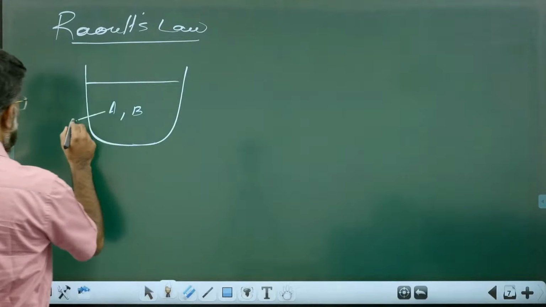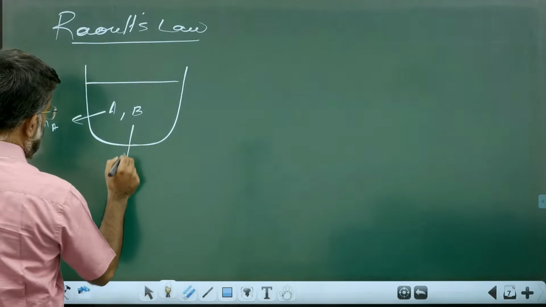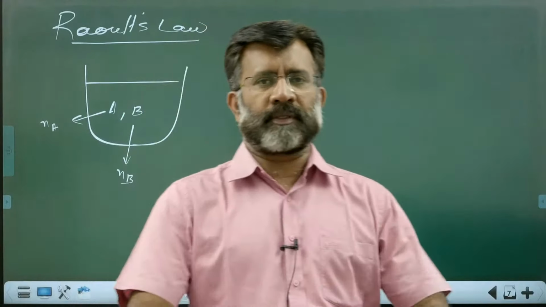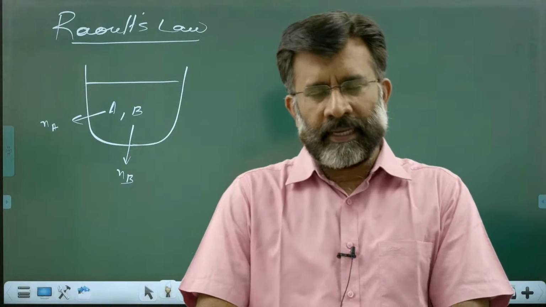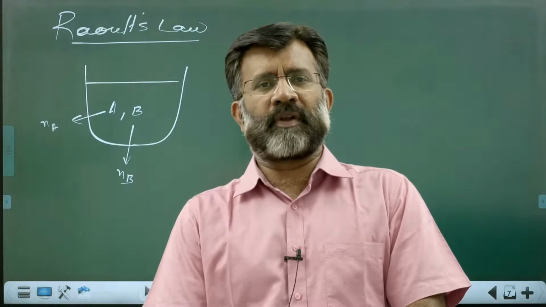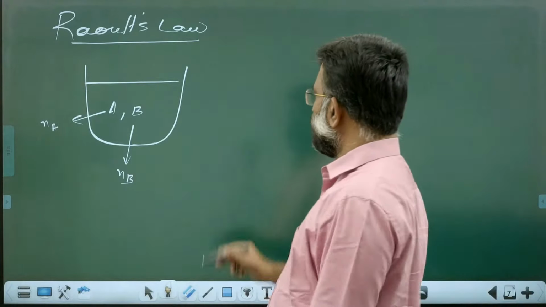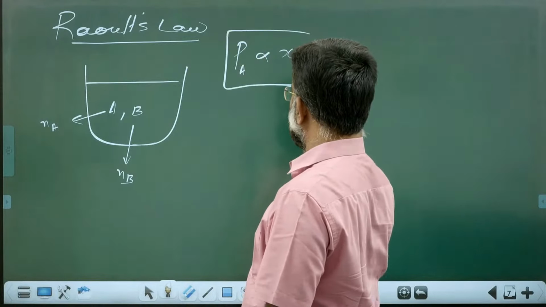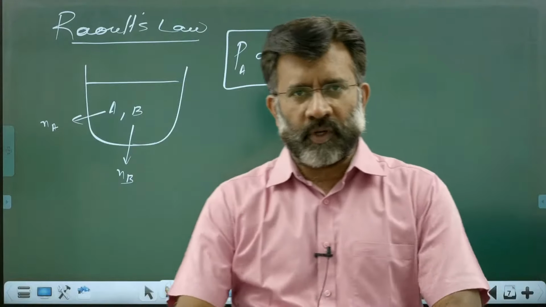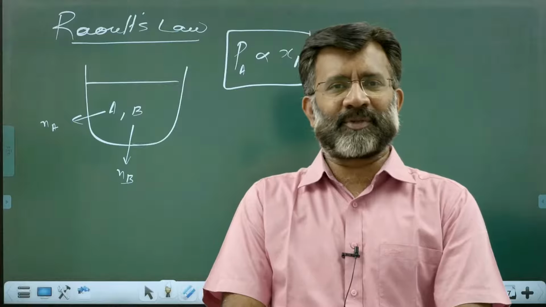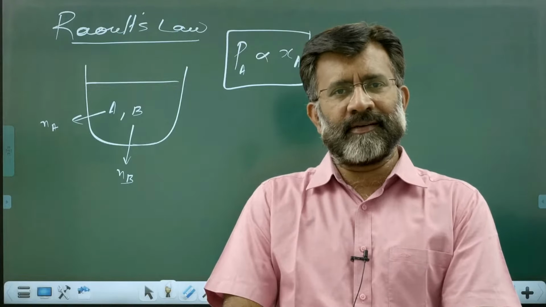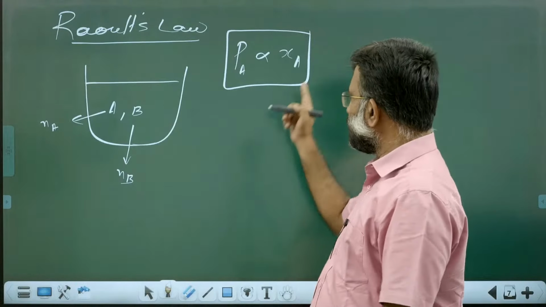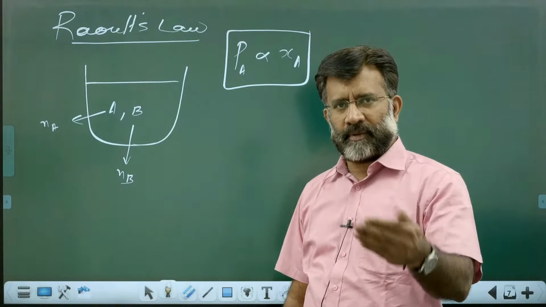Containing A, the number of moles of A, Na, and the number of moles of B, Nb. Just imagine. Raoult's law states that the vapor pressure contribution of one component will be directly proportional to its mole fraction in the solution. That is Pa proportional to Xa. So, Pa means vapor pressure contribution of component A. Xa means mole fraction of A, all of you know, Na by Na plus Nb.